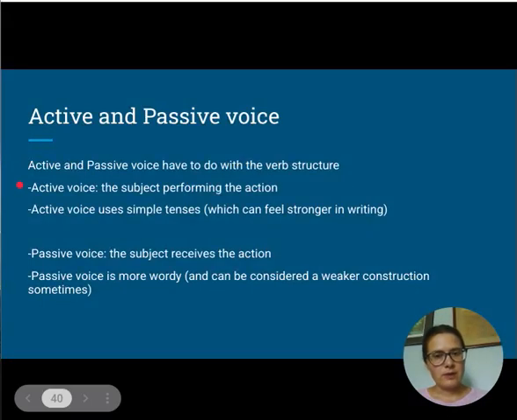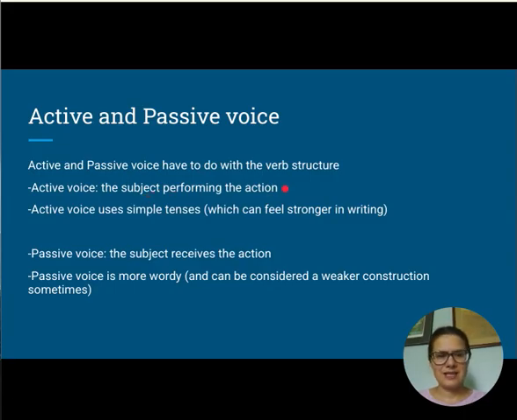The active voice, quite simply, has the subject or the agent performing the action. And you might say to me, well, that's obvious. Of course the subject is performing the action, and normally that is the case. However, when we get into passive voice, you'll understand, hopefully, the difference and the exceptions to active voice.